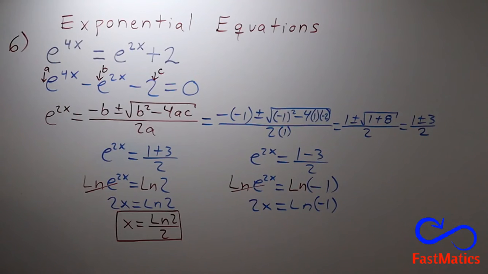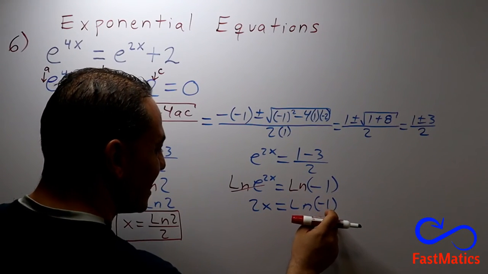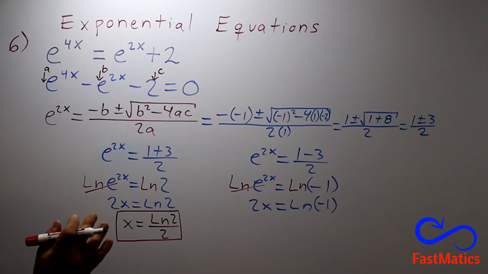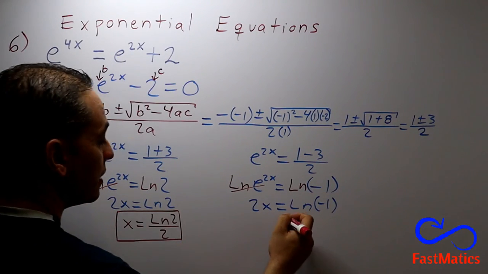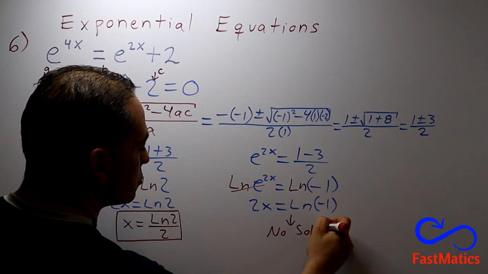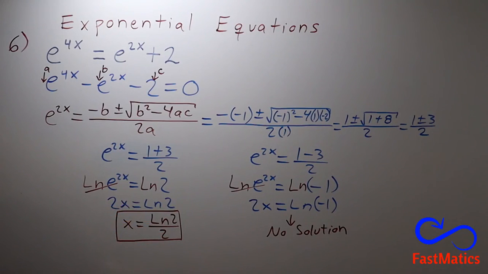We said in our last videos that if you have a logarithm of a negative, that is impossible. That is undefined. Then here you have no solution, because a natural logarithm of a negative doesn't exist.